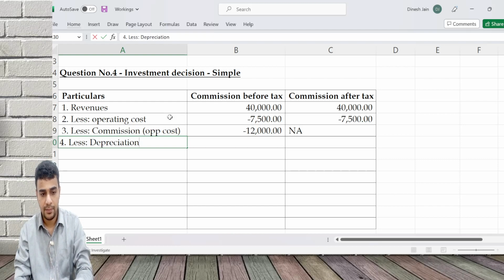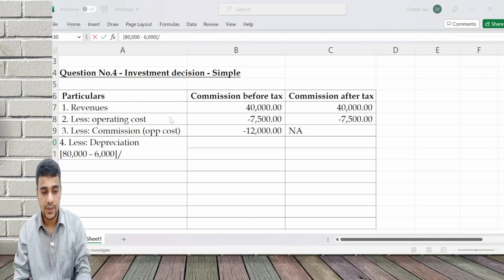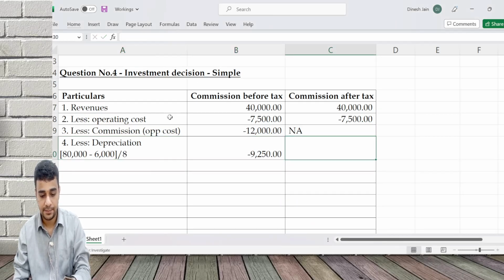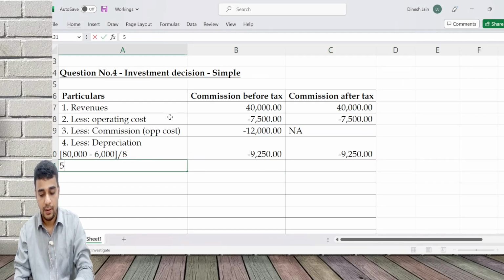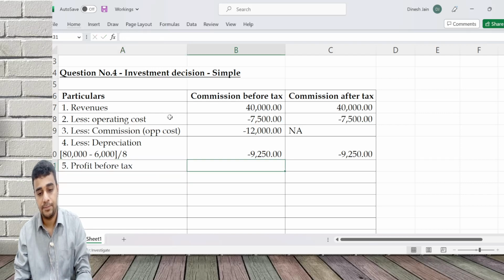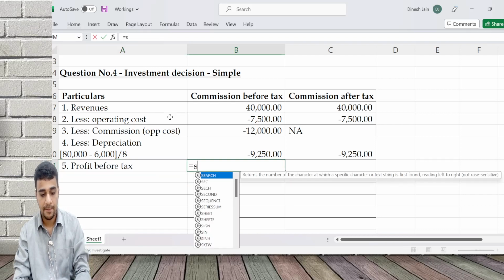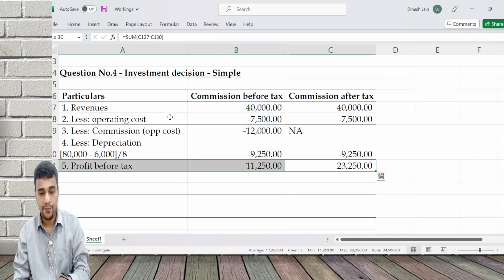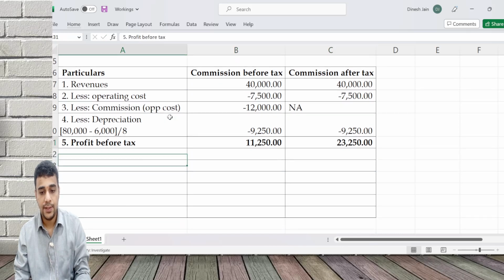Depreciation: cost is 80,000, salvage value is 6,000, life is 8 years. Profit before tax is 11,250 and 23,250.